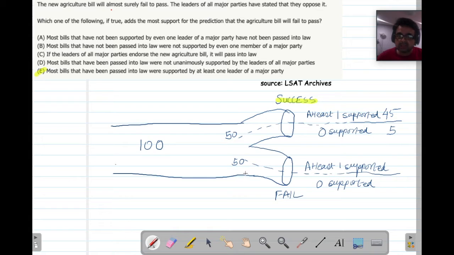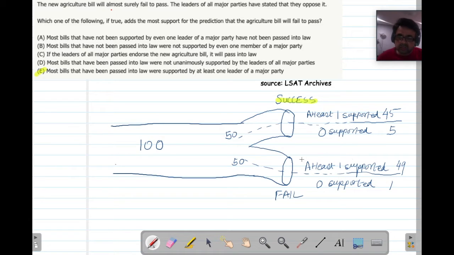So again, we can assume any scenario, and let's assume this scenario, that out of the bills that failed, at least 1 supported is 49 and 0 supported is 1. Again, this may be skewed, but this is a question of possibilities and what the actual prediction needs. So if this had happened, what is given is satisfied.